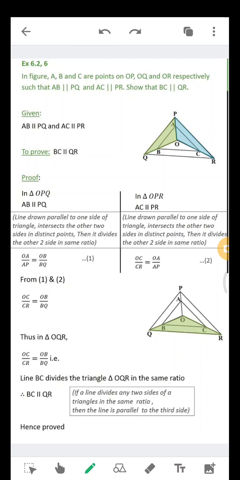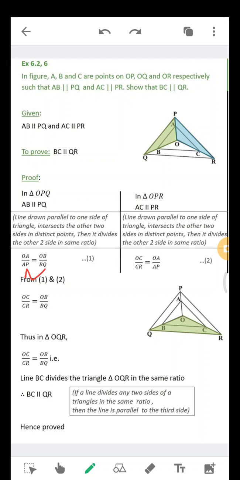Then again I'll use BPT for the blue colored one. Here what do I get? Here I get OC by CR is equal to OA by AP, because this line is parallel to PR. Now in equation 1 and 2, again OA by AP is common. You can check.